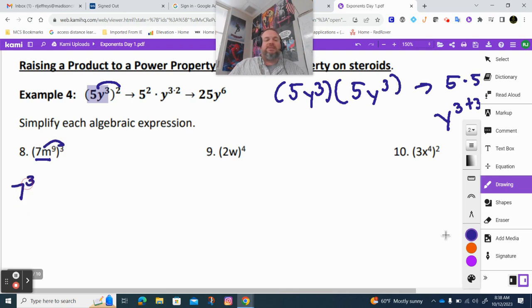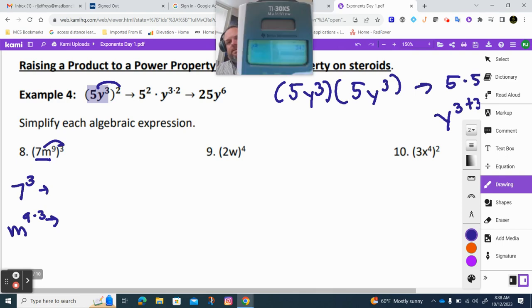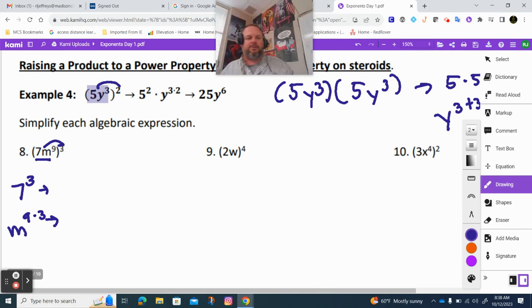So let's do this. We'll have to say 7 to the third, and then we say 9 times 3. All right, 7 to the third power is a bunch, I bet. 343.